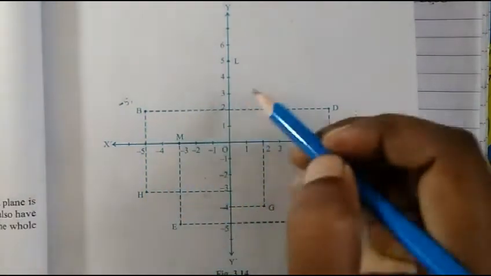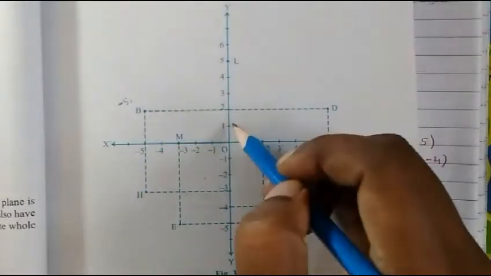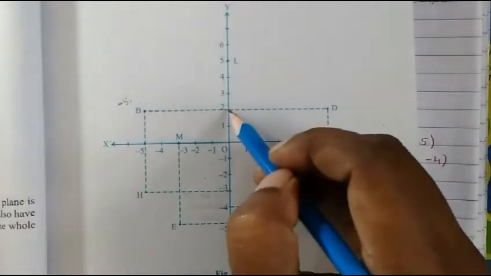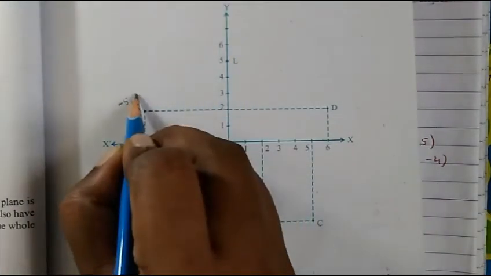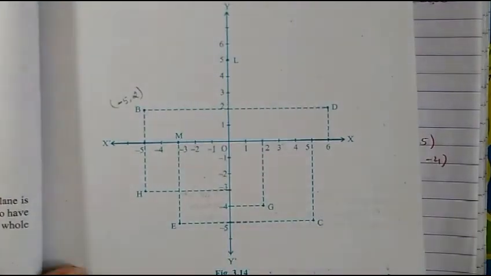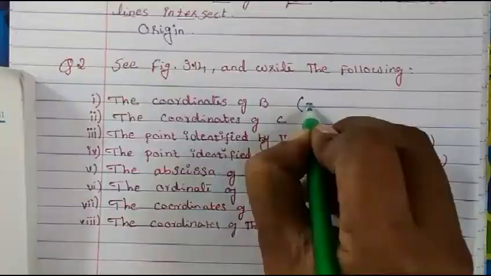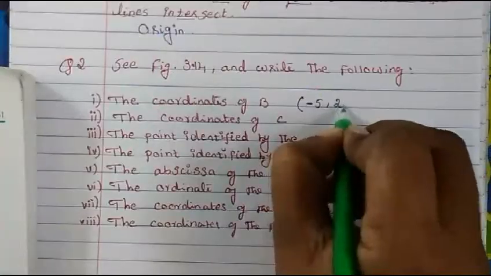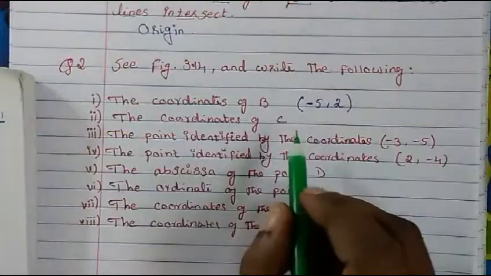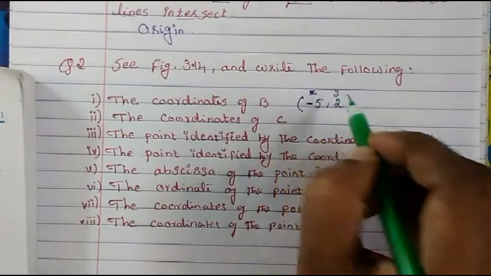If you go in this direction, on y-axis it is at this point. This is always positive, 1, 2, 3, 4, 5. So this is 2. So on y-axis it is 2. So this is the coordinate of B. Let's write down -5 and 2. The coordinates of B are -5 and 2. Always remember, first should be the value of x, second should be the value of y.